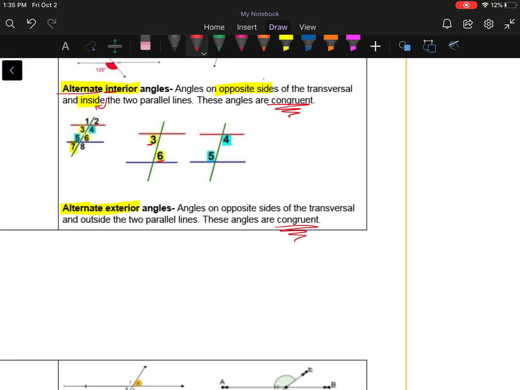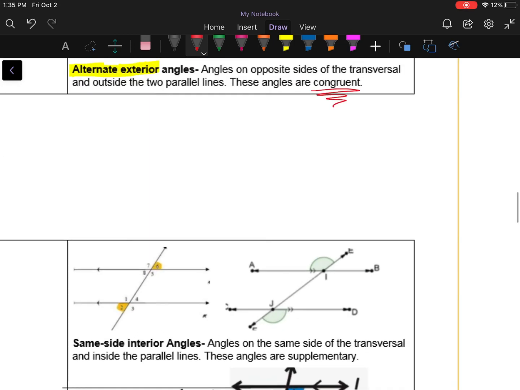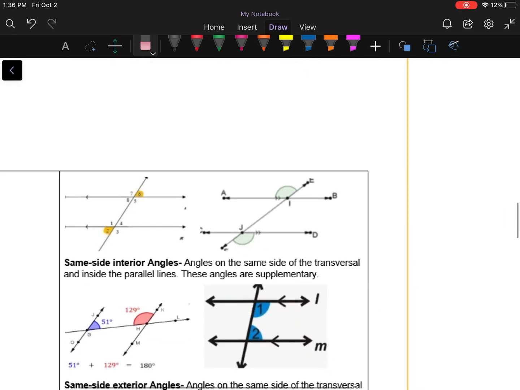Alternate exterior angles are ones that are flipping across the transversal. In this example, angle 6 is on one side, and angle 2 is on the other, and they are both exterior. They're not inside the parallel lines, they are outside the parallel lines. So these guys are alternate exterior angles, and alternate exterior angles are also congruent.